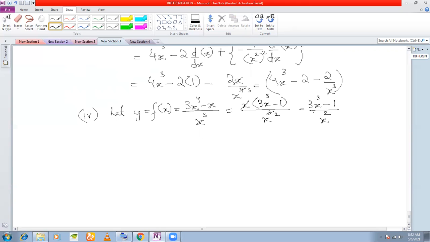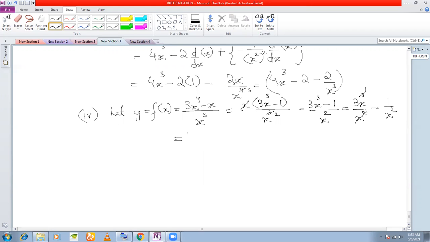And again, we are tempted to use the u by v rule, but we shall not use the u by v rule. Whenever you have a binomial in the numerator and a monomial in the denominator, better is you split the fraction into 2. That is, you write this as 3x cube divided by x square minus 1 by x square. And now you can cancel out this 3 to a 1, and this x square completely cancels.